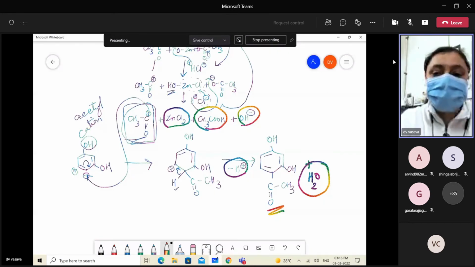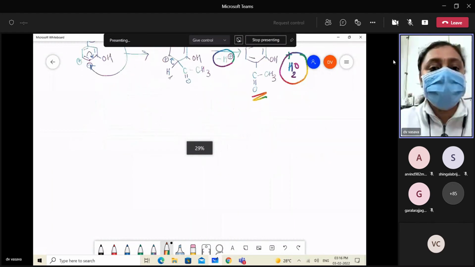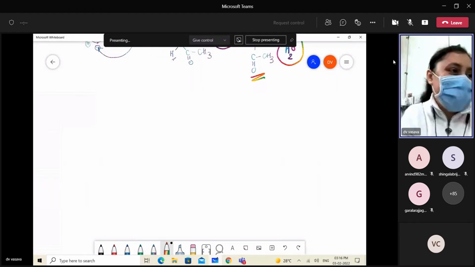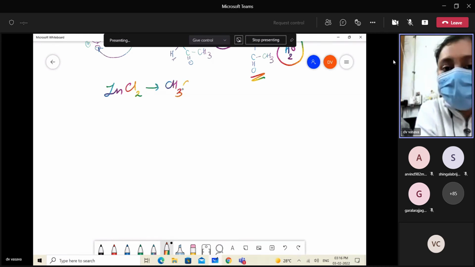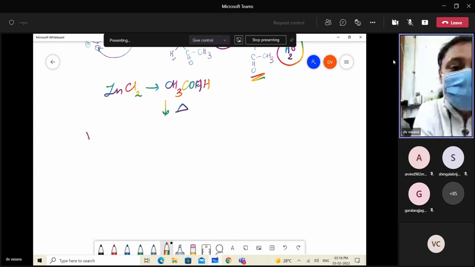Okay. So for the procedure, we will take first the ZnCl2 and dissolve it in our glacial acetic acid and provide heat to it. So we have the dissolved ZnCl2 in the acetic acid over here with heating.